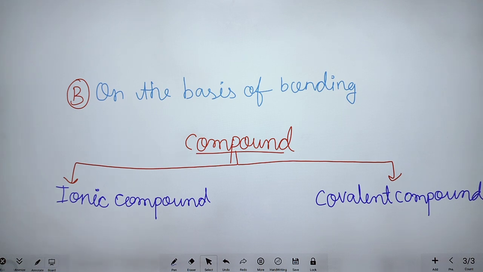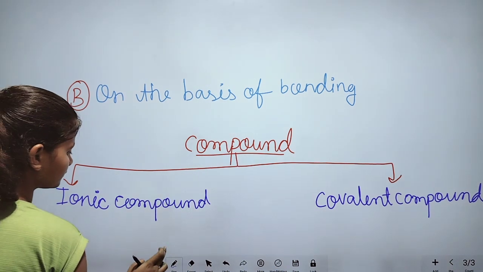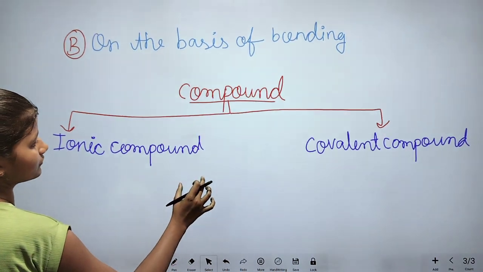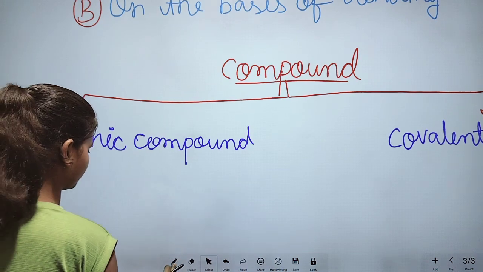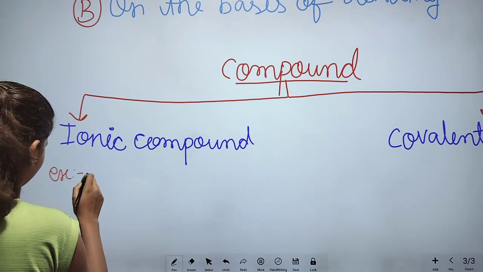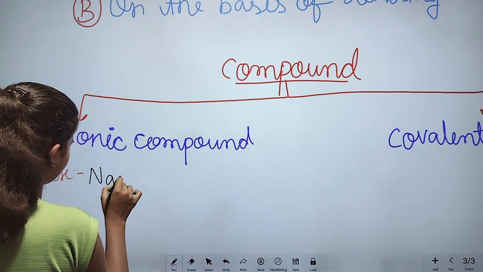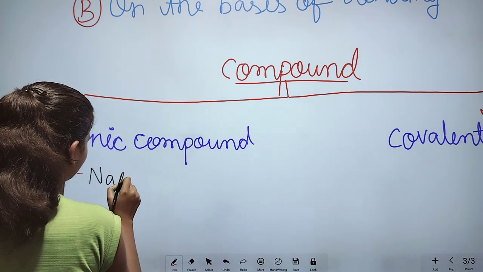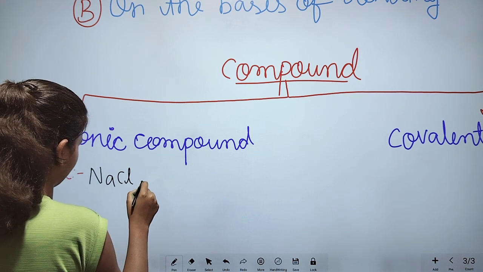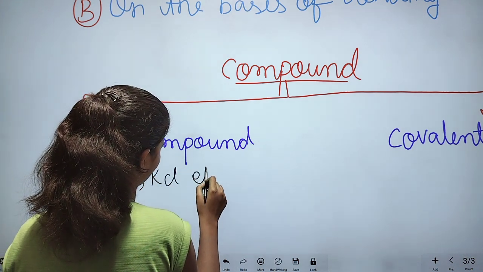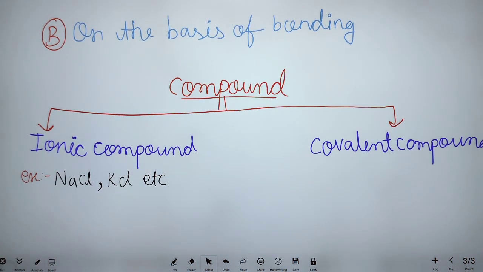Okay, so let's see some examples of ionic compounds. NaCl, sodium chloride, and potassium chloride, and many examples of ionic compounds.